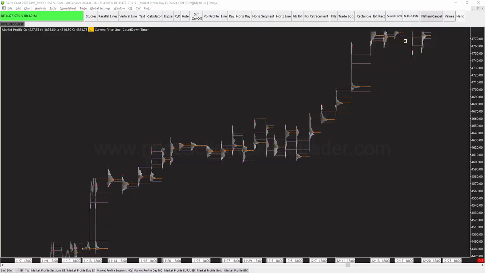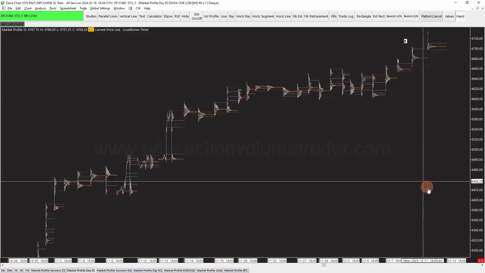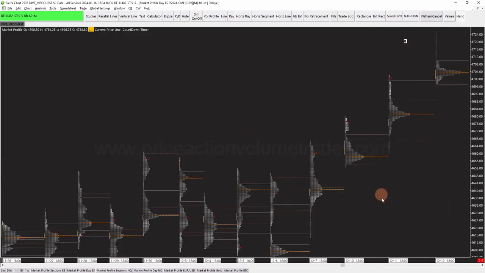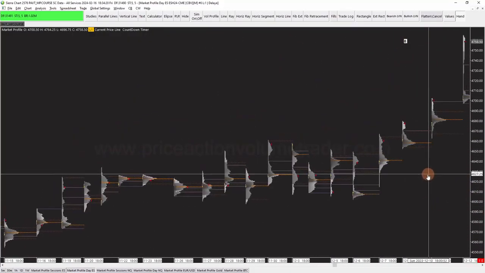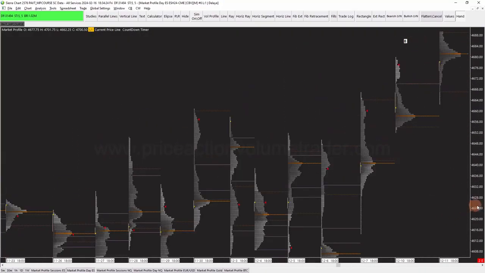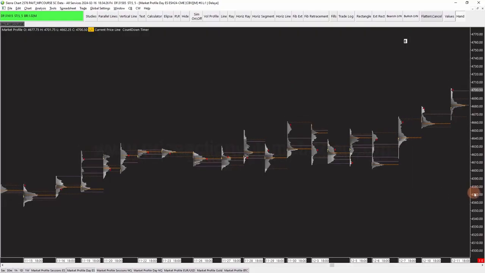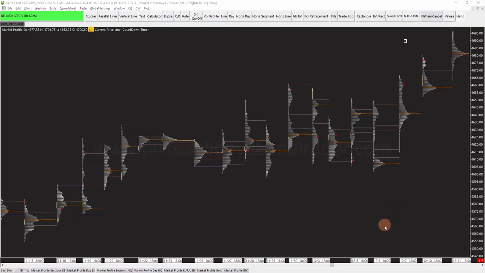So then over here, once we identify that this market is starting to consolidate sideways, we can start forming a composite. Now for this, each trading platform is going to have its own way of doing it. In Sierra Chart, what I like to do is, let's say we're going to form a composite starting between here and here.